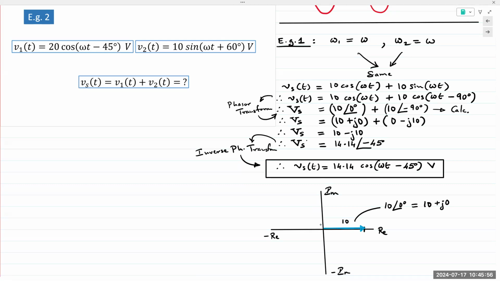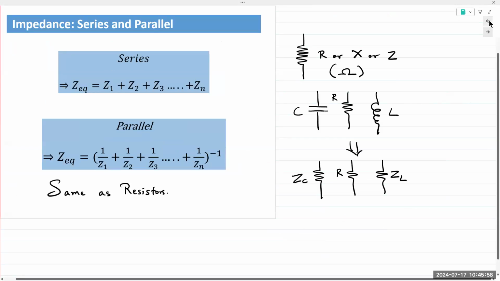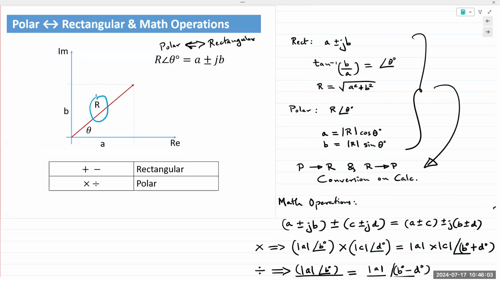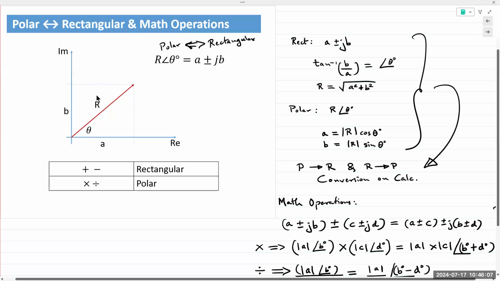Does that make sense? Again, let's go back to this so everybody understands. This is my vector, r with an angle of theta. R is basically the magnitude of this vector, the length of the vector.